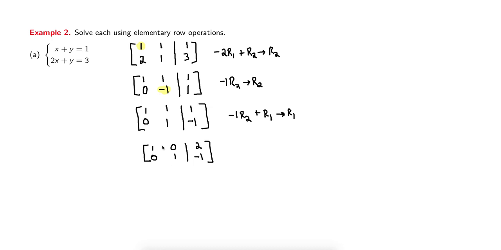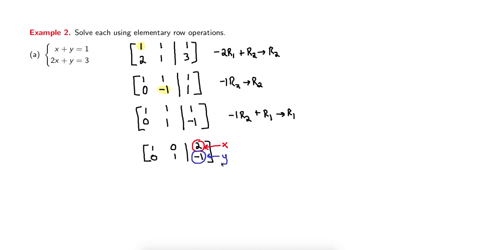And so now we have 1s along this main diagonal and 0s elsewhere to the left of this vertical line. Remember, the vertical line represented the equal signs. Now that we have the matrix on the left side in this form, this 2 represents the x-coordinate of our answer, and this negative 1 represents the y-coordinate.